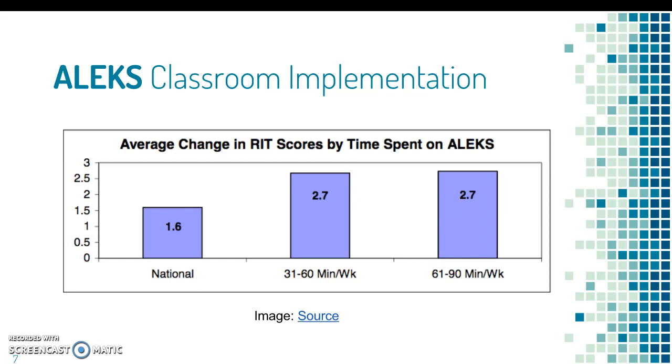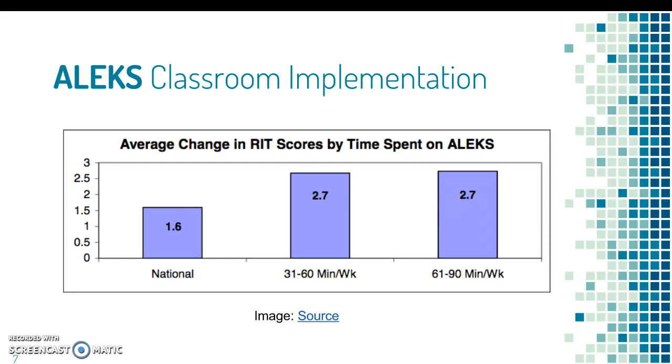The national average change was 1.6 points. For students that completed ALEKS for either 31 to 60 minutes or 61 to 90 minutes, those students had an average increase of 2.7 points, which is incredible.